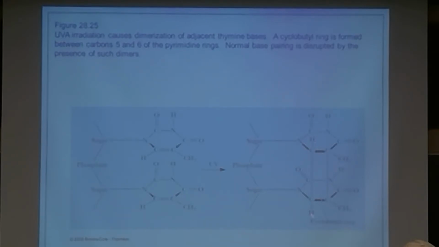Now, this is a cross-linking between two adjacent bases. So this DNA cannot be replicated because two bases are crossing, correct? So this has to be repaired. So UV radiation is a problem.